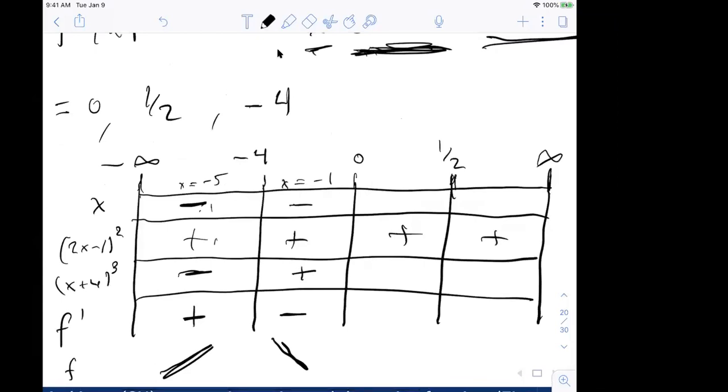What test number should we plug in between 0 and 1/2? Yes, thank you. We could plug in x equals 1/4, right? Fractions. So what sign does x have at x equals 1/4?